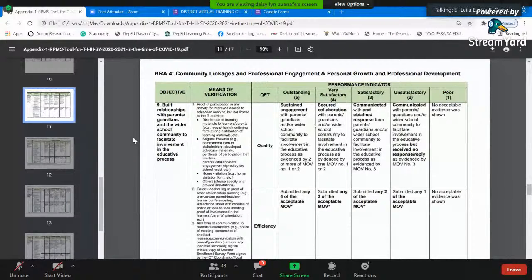Naa ang imong form, ang visitation form nga ginapilian kung mo-adto ka sa inyong mga bata. And then others, please specify and provide annotation. So kinahanglan magpili kag others kung wala ka ning number 1, distribution. Imposible nga wala tanang distribution, maura man na atong ginahimo.